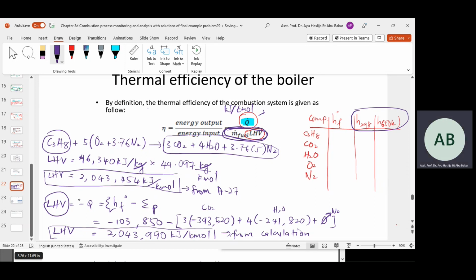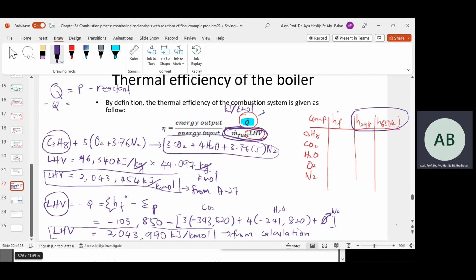Don't get confused. Basically, Q is product minus reactant. Here it is negative Q, so they just play around with the equation.